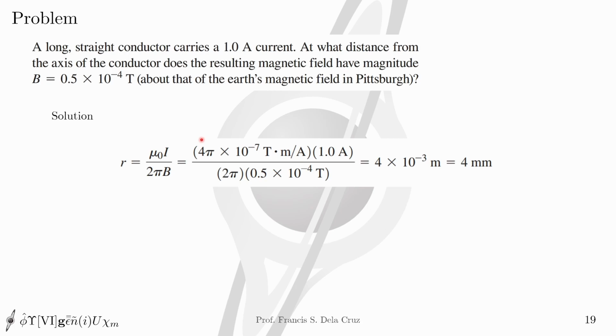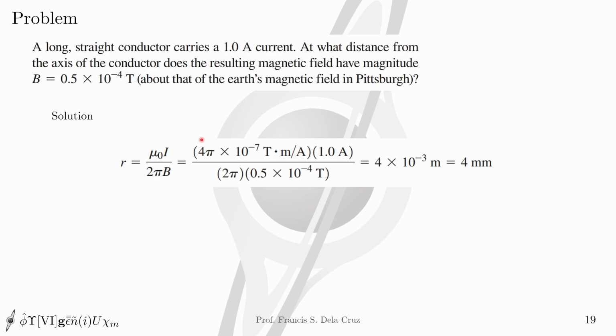Remember that we already derived the expression for the magnetic field due to a long straight current carrying wire, which is B equals mu naught I over 2 pi r, where r is the distance between the point of observation and the long straight current carrying conductor.